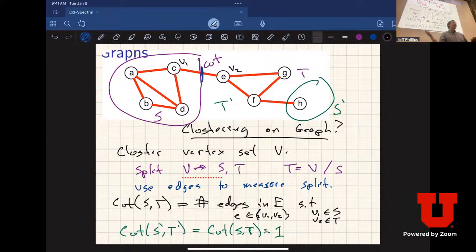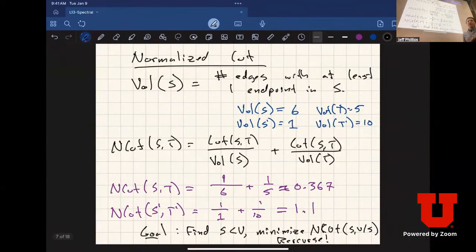I don't want to check the normalized cut score on all of those. That seems time consuming. So to minimize this, it's kind of like with the k-means clustering formulation. We had Lloyd's algorithm, which iteratively was improving this.